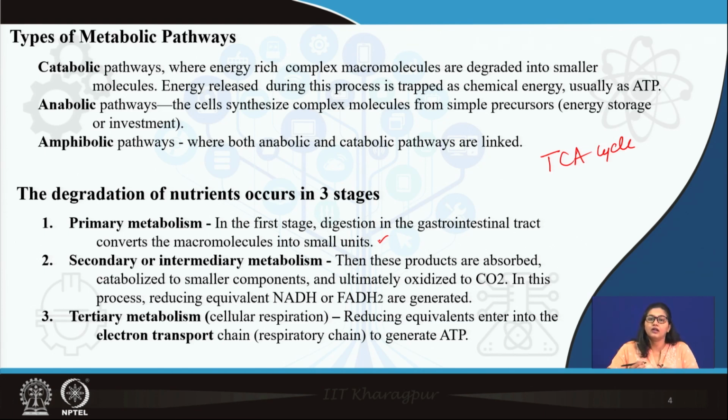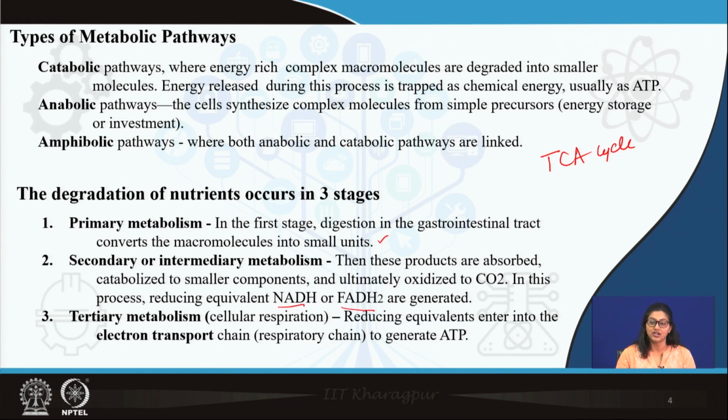How? Those absorbed products have already been catabolized into smaller components. During intermediary or secondary metabolism, they are more degraded and ultimately oxidized to form carbon dioxide, and in this process what is formed? Reducing equivalents like NADH, FADH2. These are the reducing equivalents which are formed during intermediary metabolism.